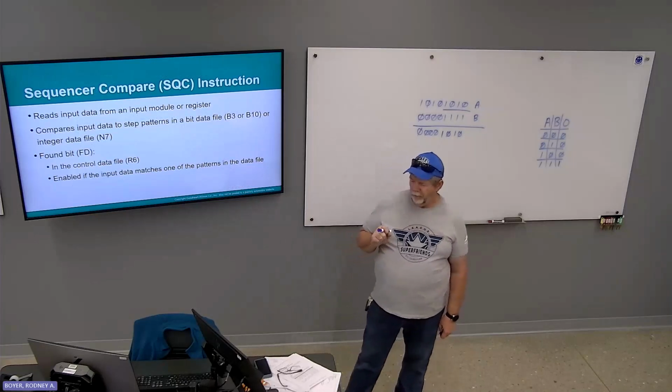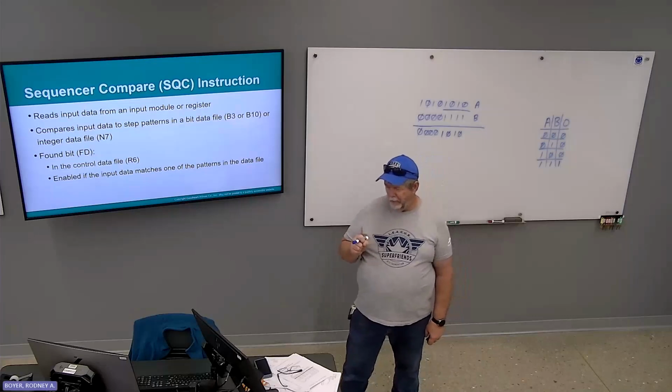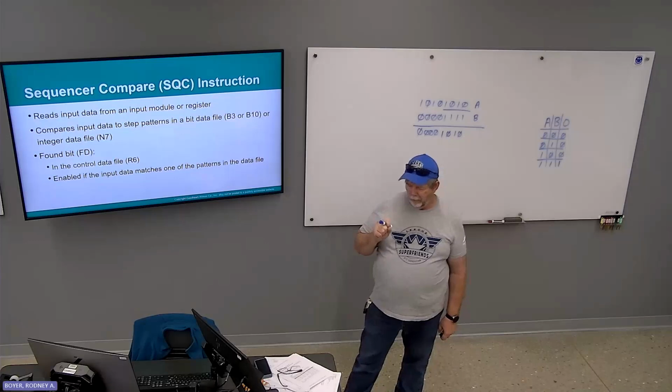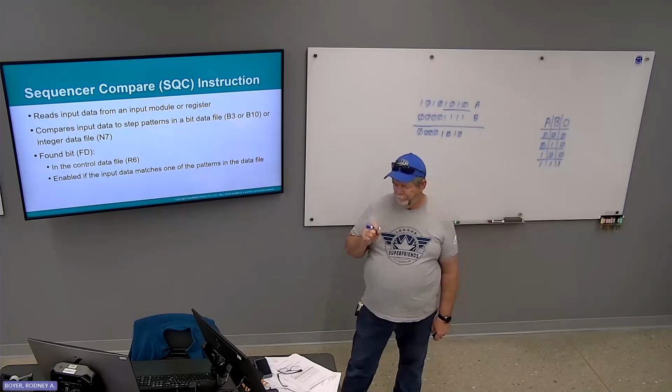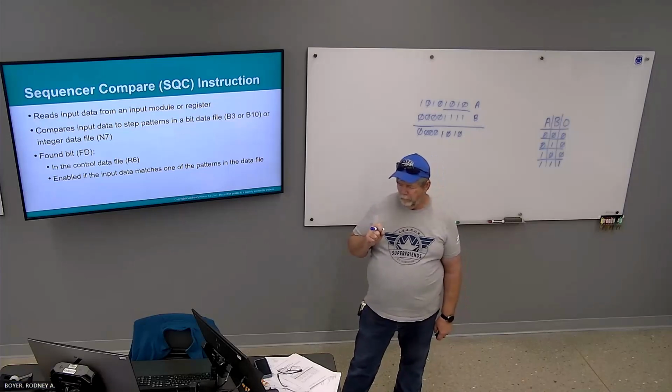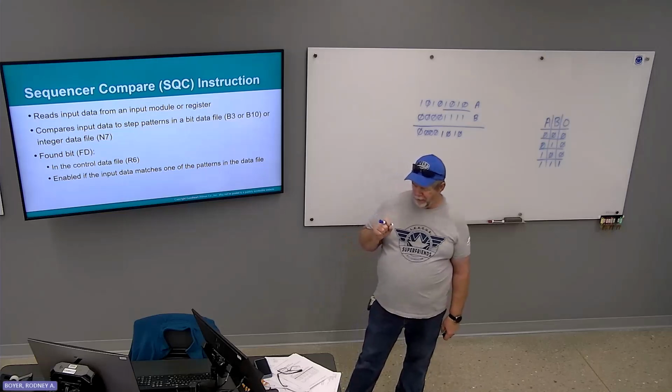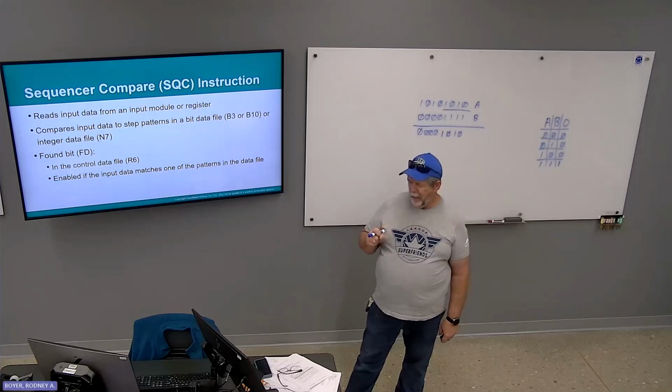Compare reads input data from the input module register, compares the bit pattern with the data file, and the found bit in control data file R6 is enabled if the input data matches one of the patterns in the data file.